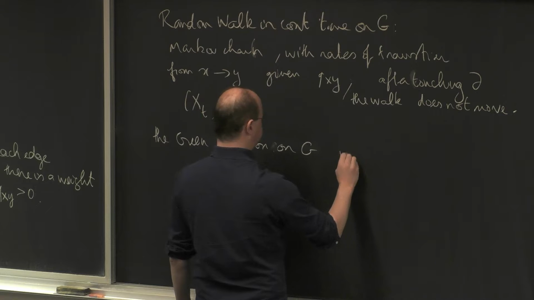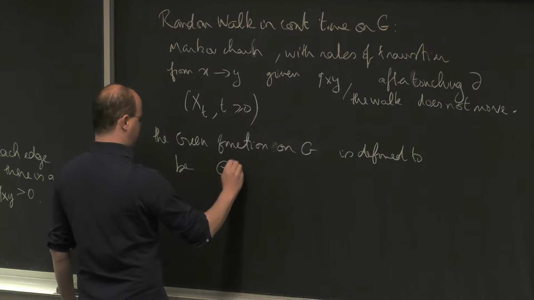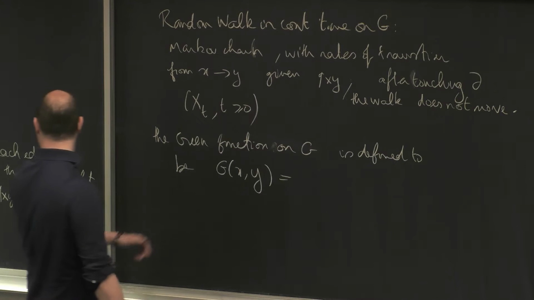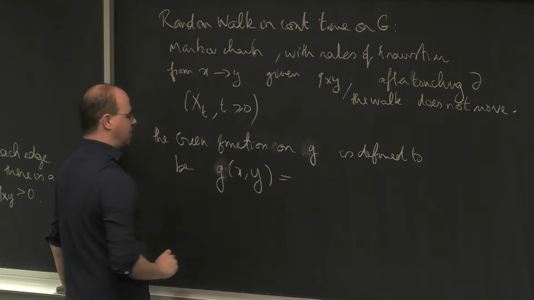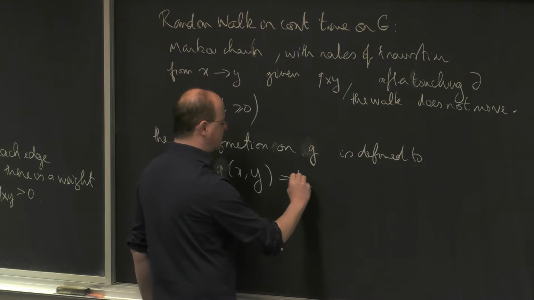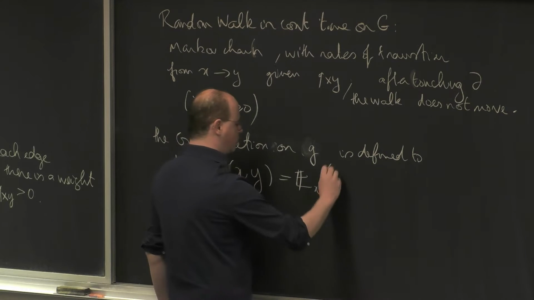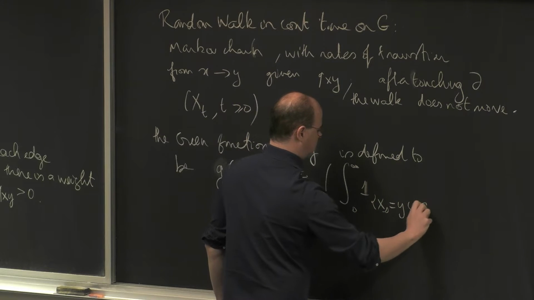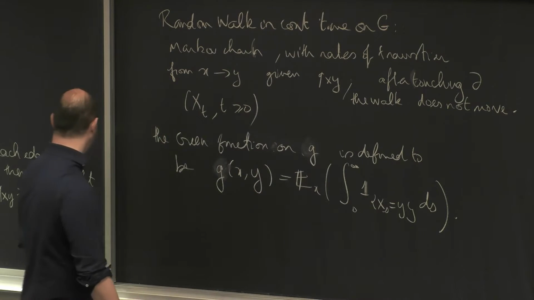The Green function on G, g(x,y), is defined to be the expected amount of time, so you start the random walk from the vertex x, and you ask what is the total amount of time that the random walk will spend at the vertex y before being killed. So I integrate between 0 and infinity.